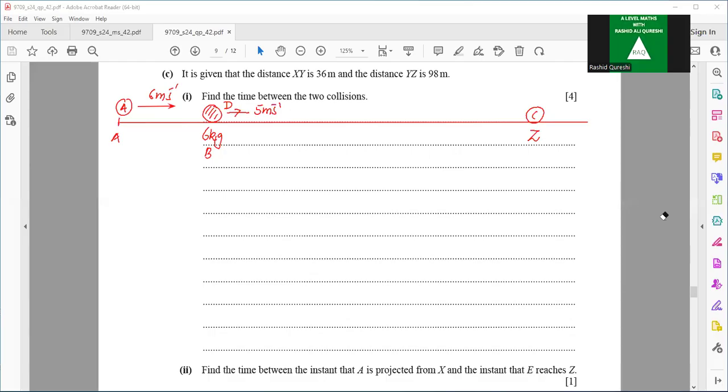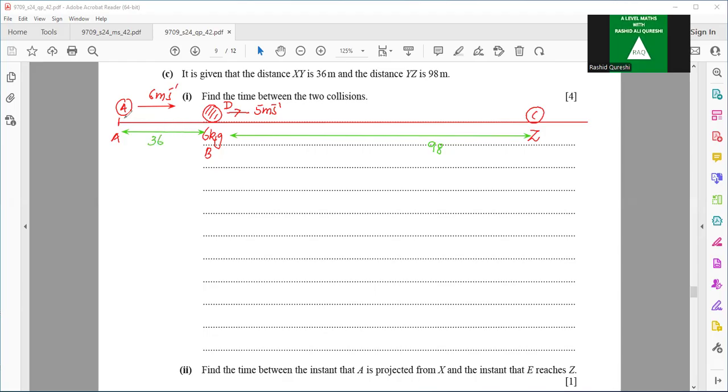Suppose this distance, with the green color, is 36 meters. Now that distance is given from this point to this one, that is 98. So I have to write 98 over here, and 36 over here.